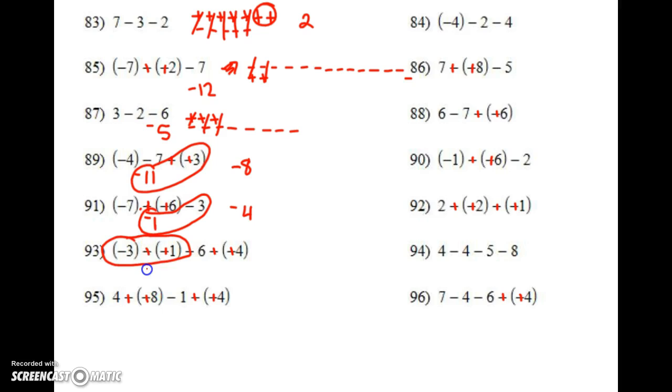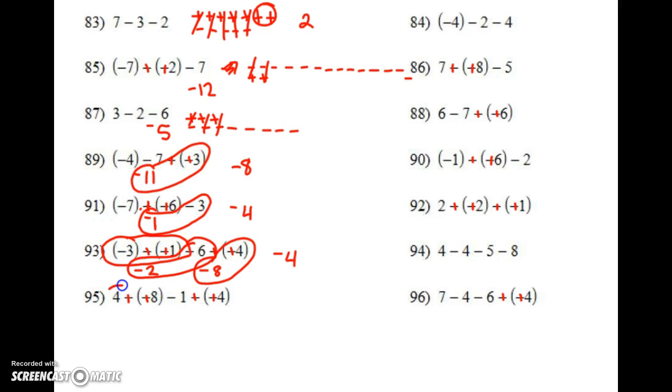So subtract and we get 2. And we keep the bigger sign, so that would be a negative. So we're done with that. Now let's add the negative 2 and the negative 6, same signs, add and keep. So it's negative 8. And then let's take negative 8 plus 4. So different, we subtract, and that's 4, and keep the bigger sign, so negative.